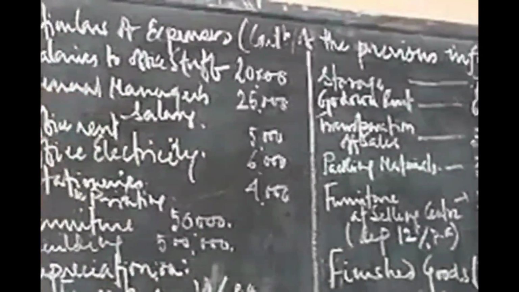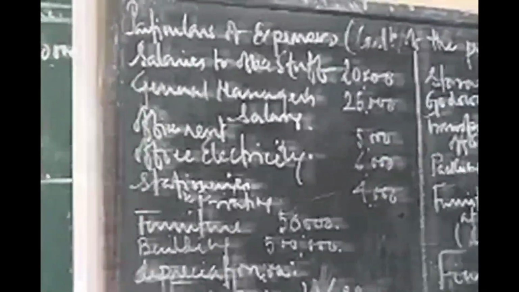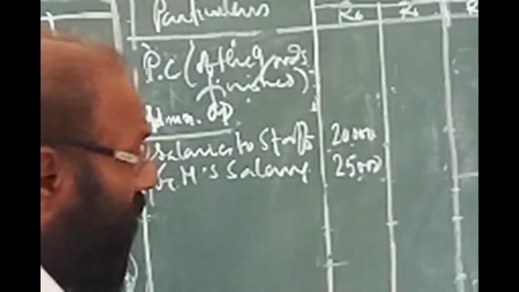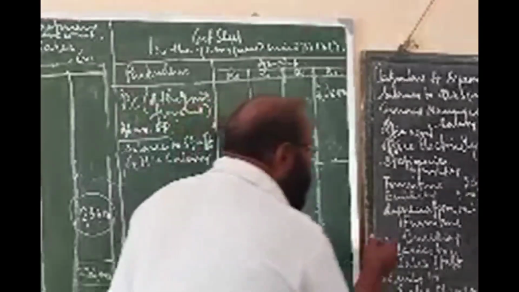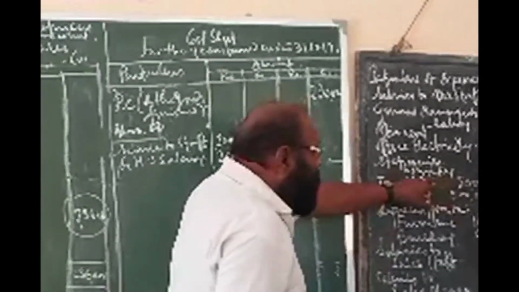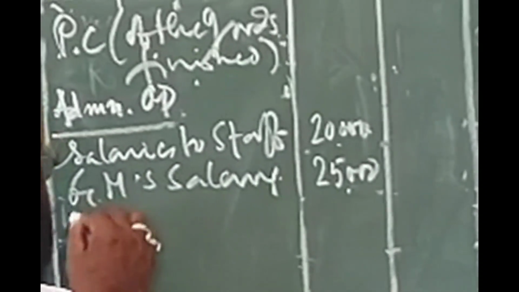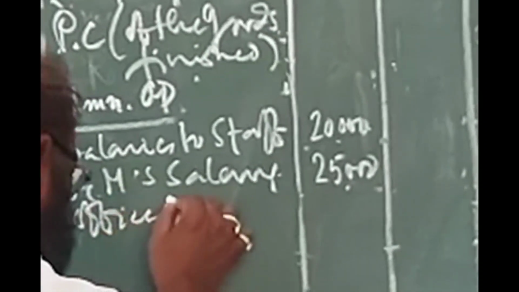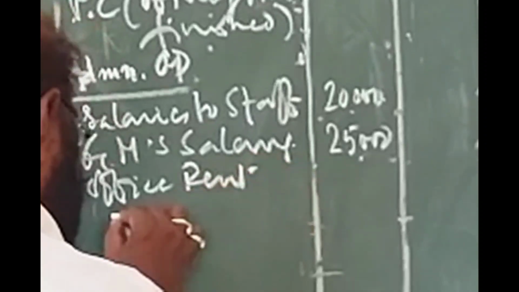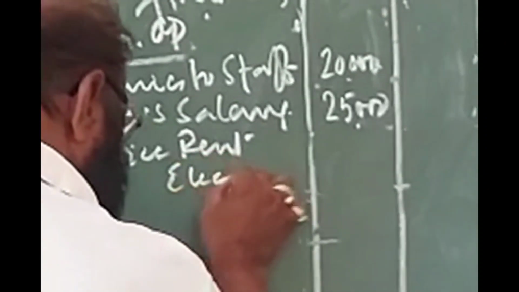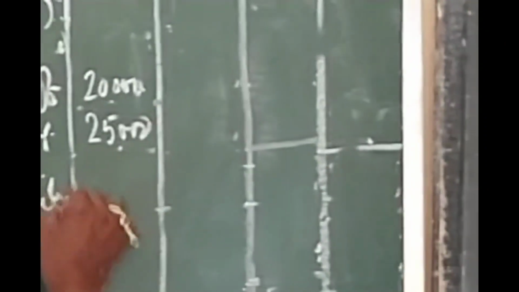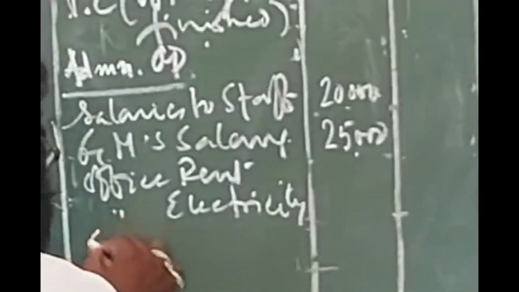Then comes office rent. Obviously, you know the office rent. Office is an administrative organ. Office rent, office electricity, stationery and printing, all these are administrative overhead. So these would be considered under these heads: office rent, office electricity, and printing and stationery.